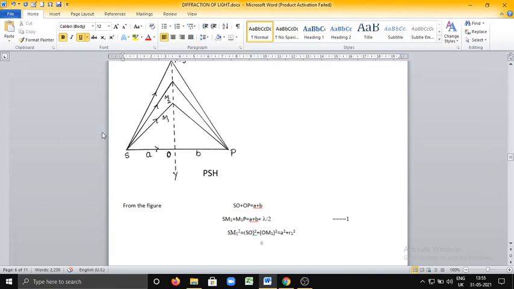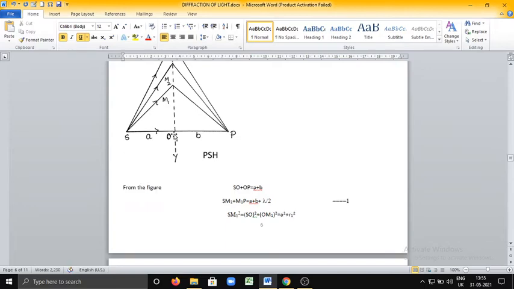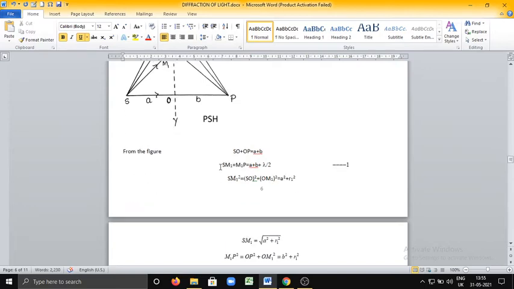By using Pythagoras theorem, SM1 square can be written as SO square plus OM1 square, that is a square plus R1 square. Is it not? We call this equation 1: SM1 plus M1P is equal to a plus b plus lambda by 2. From this, SM1 is equal to square root of a square plus R1 square.